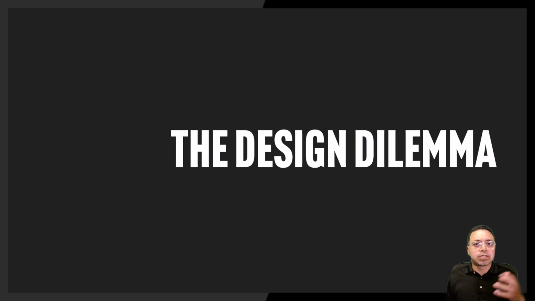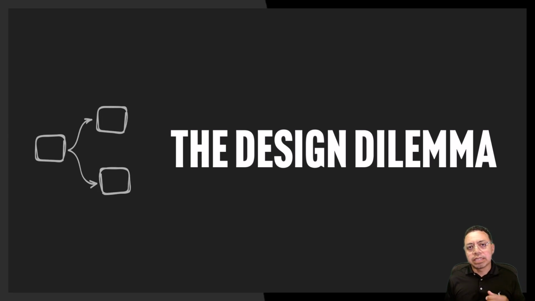First of all, what's the problem that we have? Well, I call it the design dilemma. There are two aspects to this design dilemma that I see. One is a lot of dev teams have a very small number of devs, maybe even just one or two, working on a web app, B2B, SaaS, e-commerce, internet apps, whatever the case is. And they don't have access to a designer. So what do you do? Well, you use UI component libraries, you buy templates, and you do the best you can.